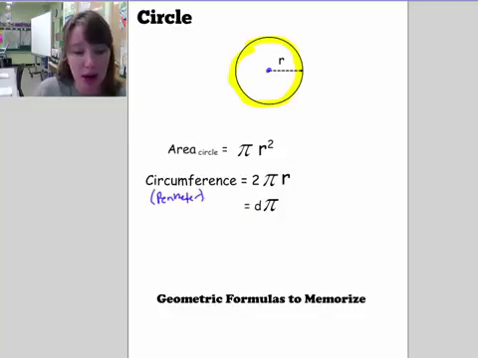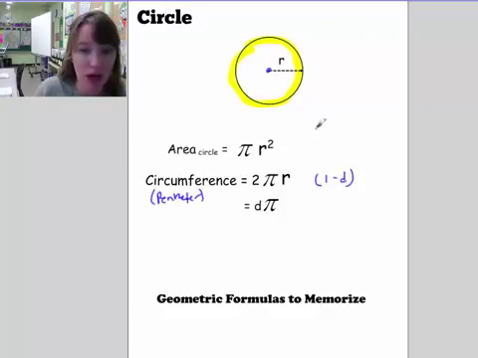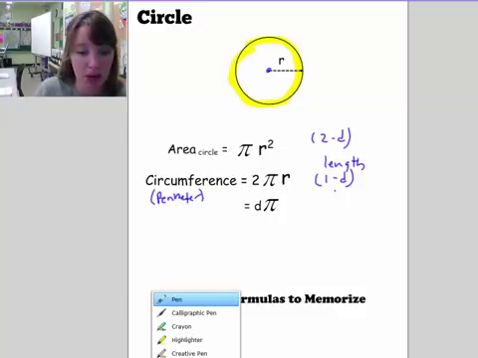There are two formulas for it. It's 2 pi r, 2 times pi times the radius, and remember, this is again a one-dimensional measurement, it's just a length, whereas area is a two-dimensional measurement because it's the space within an object. So it's either 2 pi r or diameter times pi.